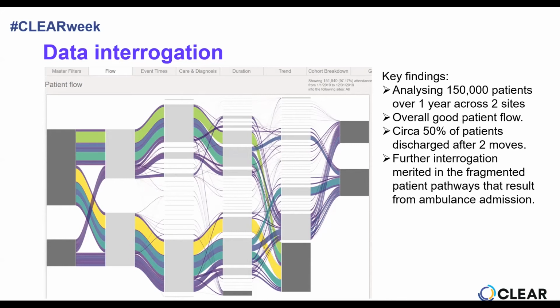But in terms of the data interrogation related to this CLEAR project, what we do is we take de-identified or pseudonymized patient level data from trusts and again, effectively anonymous staff level data from trusts. And this is then uploaded into a cloud, which is a set of computers that are in Berkshire.